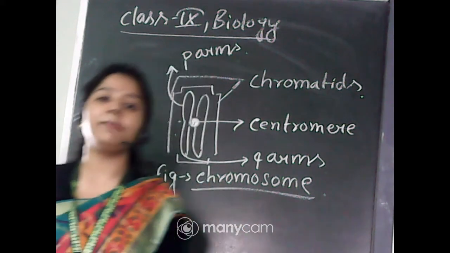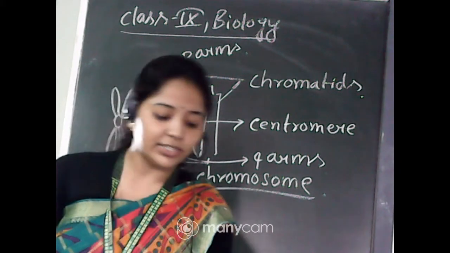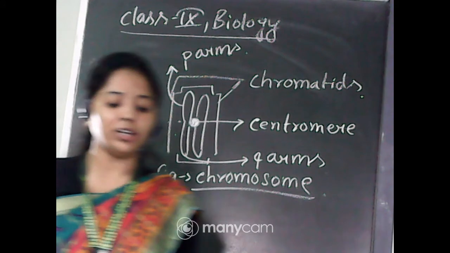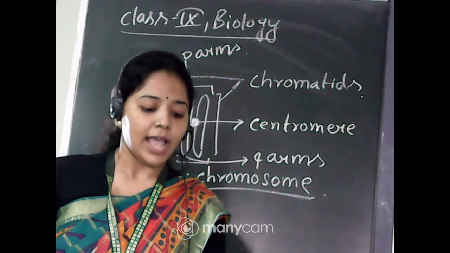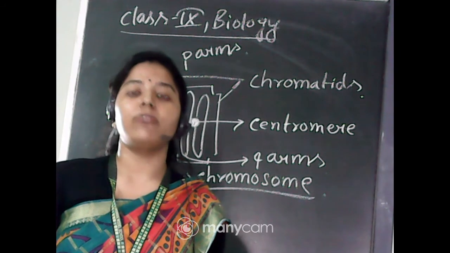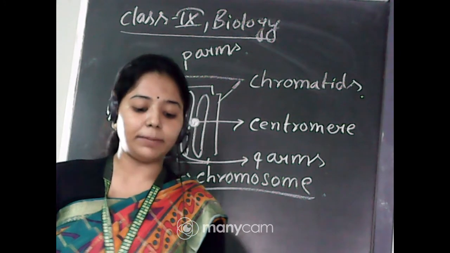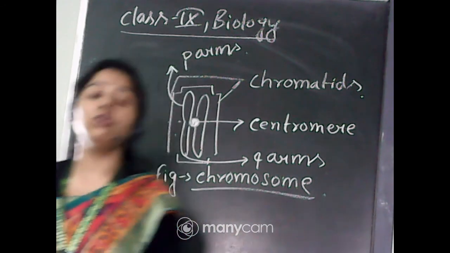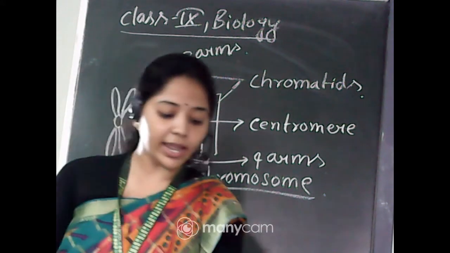So the functional parts of DNA are known as genes, and genes are arranged in a linear fashion over DNA or chromosome, and they contain all the information necessary for functioning, growth and reproduction, not only of the cell but also of the whole organism.